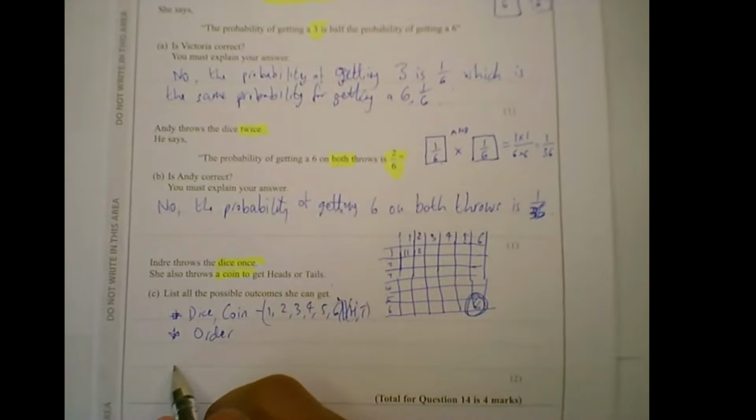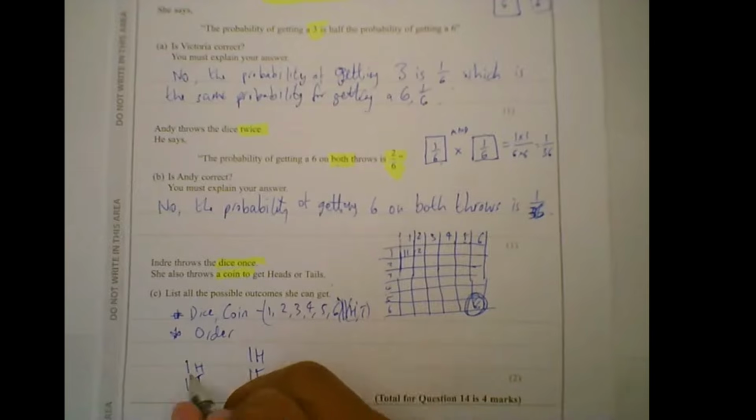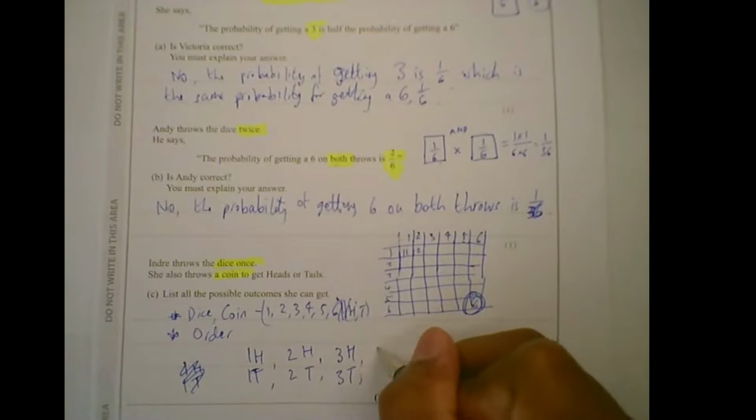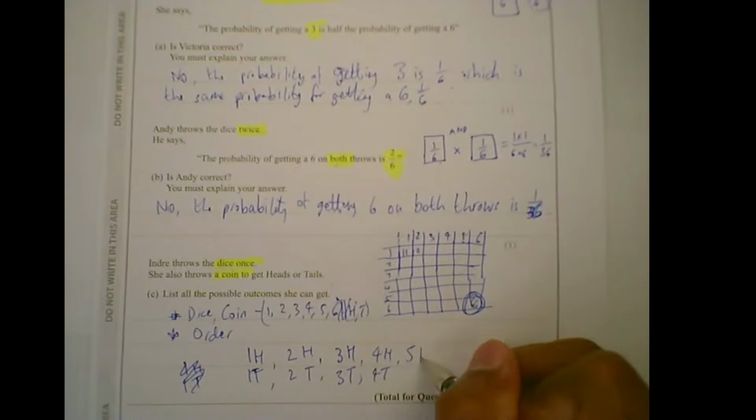So if I have the dice, 1 and a head, 1 and a tail. I can also have 2 and a head, 2 and a tail. Then I go to the next number, 3 and heads, 3 and tails, 4 and heads, 4 and tails, 5 and head, 5 and tail, 6 and head, 6 and tail.